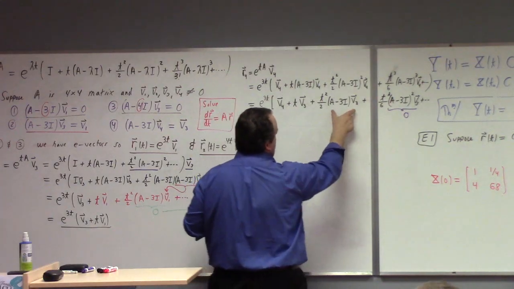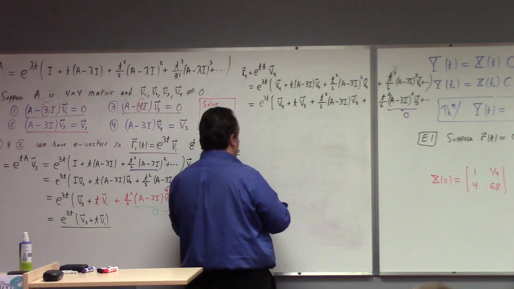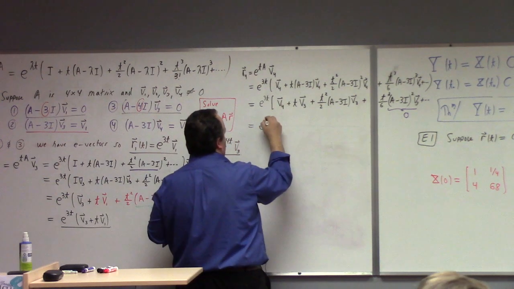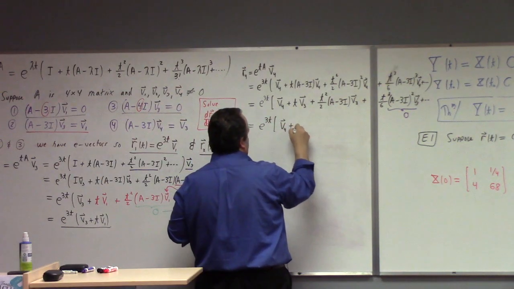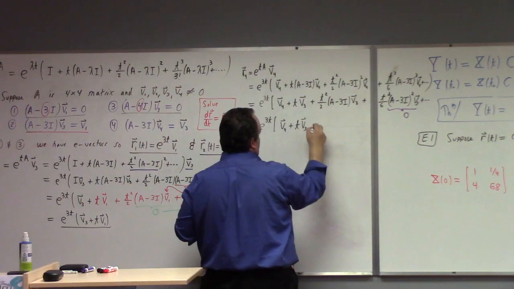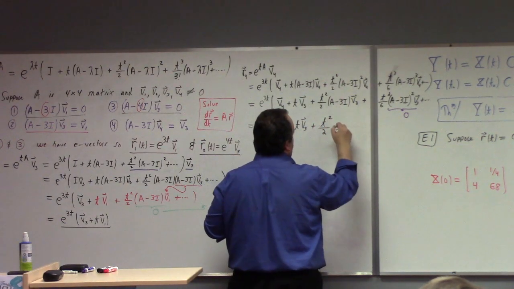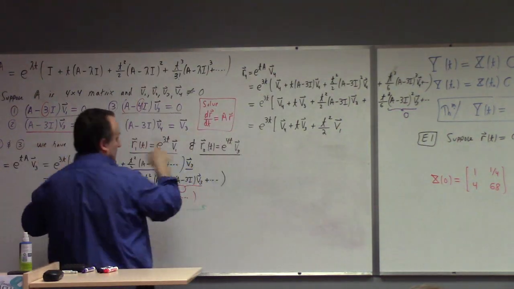And what does this work out to? That's v1, right? That was given. So v4 plus t times v3 plus t squared over 2 times, you said v1? Right.